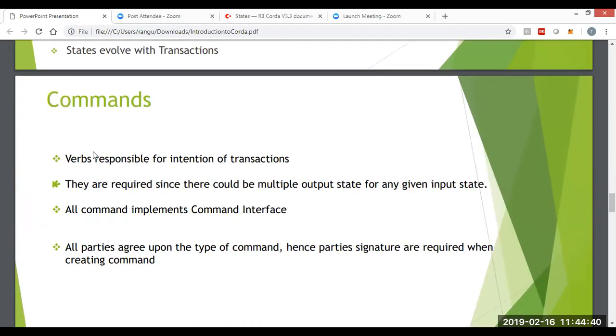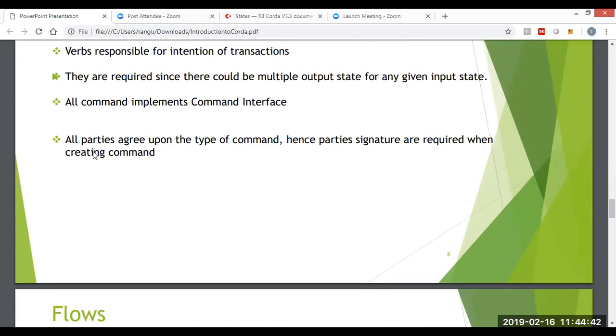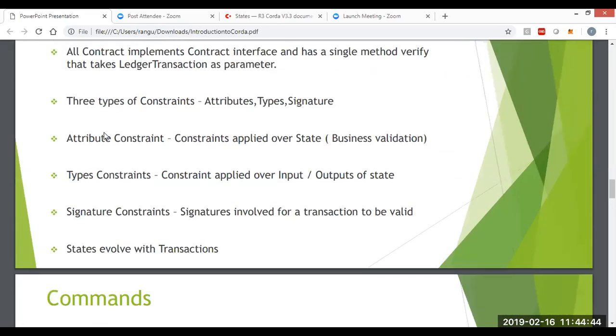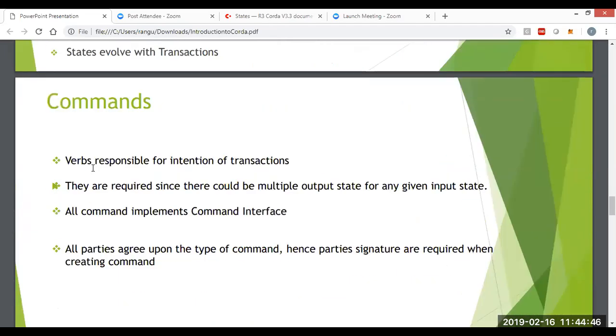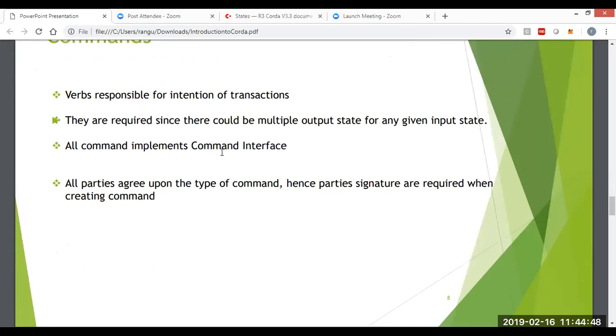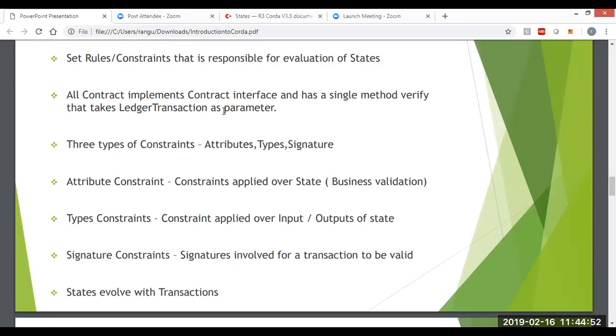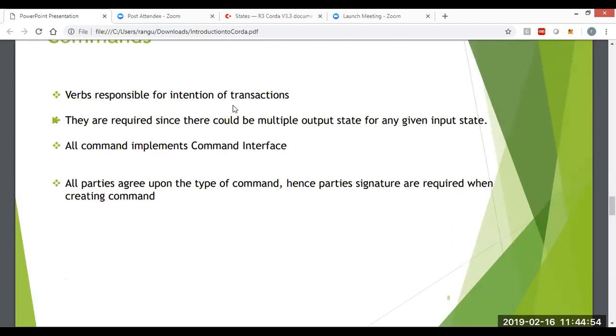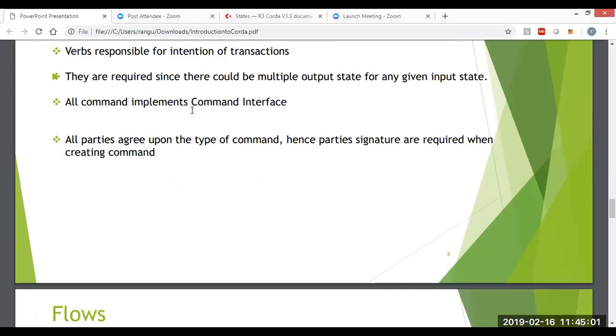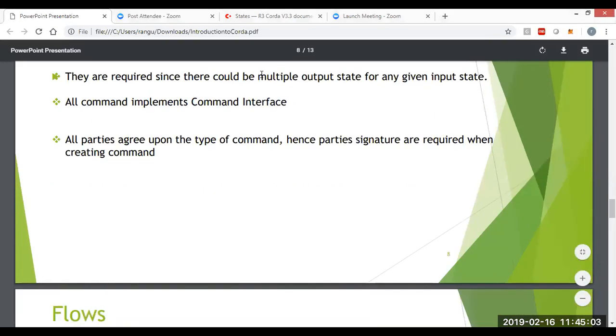So what command does is it will bring all these interfaces together. It pulls up all the different types of validations and has them in a single frame called commands.